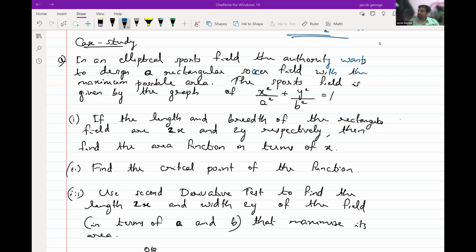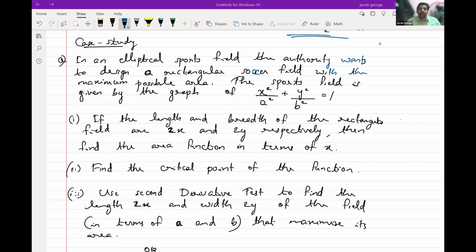Then the length is 2x and the breadth is 2y. The second part is to find the critical point. The third is to use the second derivative test to find the length 2x and width 2y of the field. Did you copy the question? Now, shall we discuss the solution?